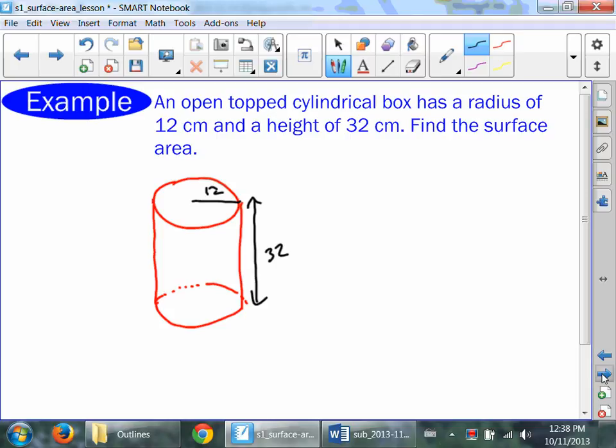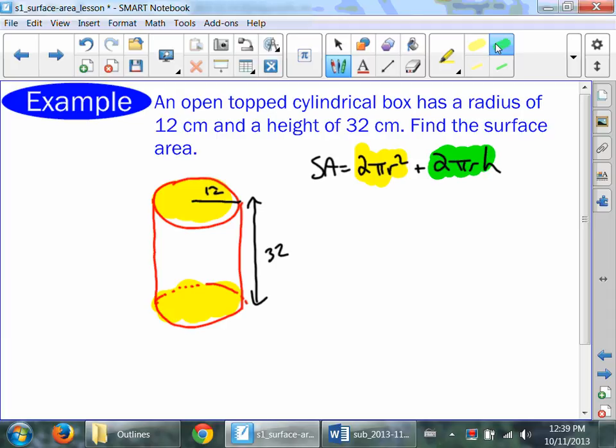Now it's an open top cylindrical box. What does that mean? Well, let's take a look at the formula for surface area. Formula for surface area of a cylinder is 2 pi r squared plus 2 pi r h. The 2 pi r squared has to do with the area of the top and the area of the bottom. The 2 pi r h has to do with the curved surface that goes around the object.